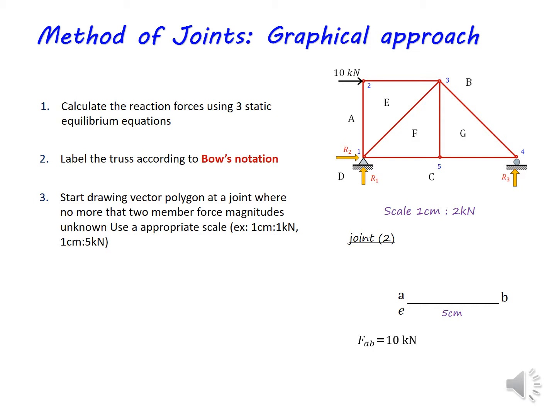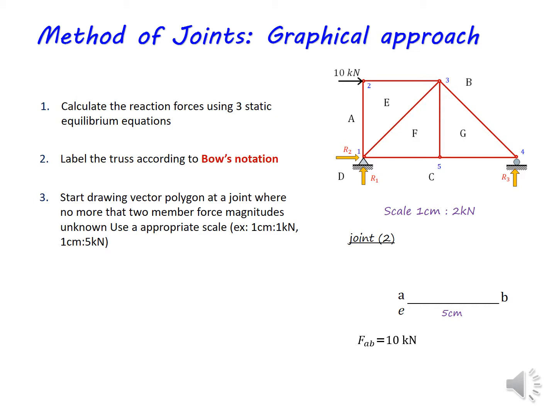So you can find that FAB is 10 kilonewton: AB is 5 centimeters, and converting with the scale, 5 times 2 kilonewton will be 10 kilonewton. Now what is FAB? FAB in the truss is the 10 kilonewton external load at joint 2.